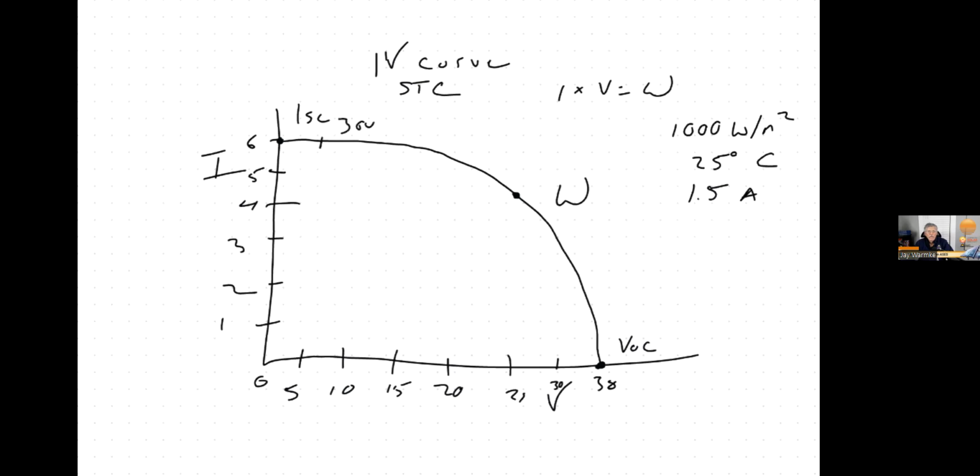If I move out to 15, it's still going to be pretty close to 6. 15 times 6 is going to be 90 watts. And I keep coming out here, 20 times 5, that's going to be 100 watts. Come out here to 25 times a little more than 4. Let's just say that's 110. And then I come here to 30, and it's 30 times 2.5. So that's going to be 70.